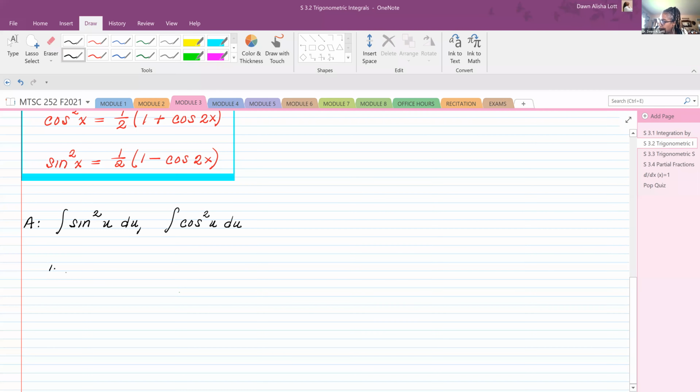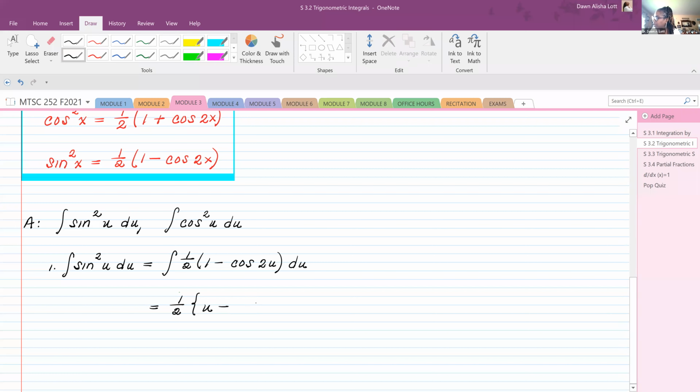For the integral of the sine squared of u du, I am going to replace sine squared with 1/2 times 1 minus the cosine of 2u du. I can pull the 1/2 out, and when I integrate 1, I just get u.